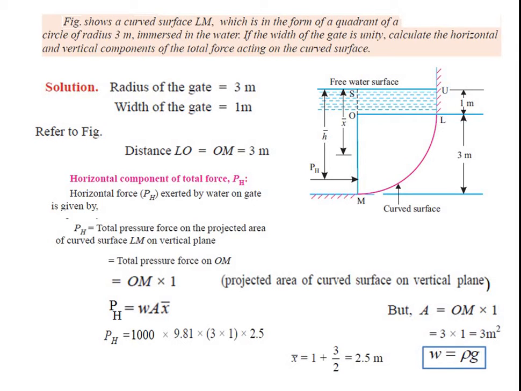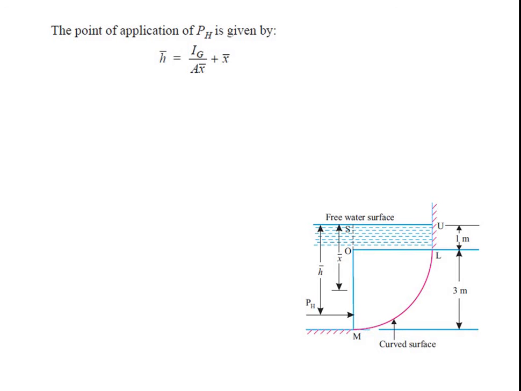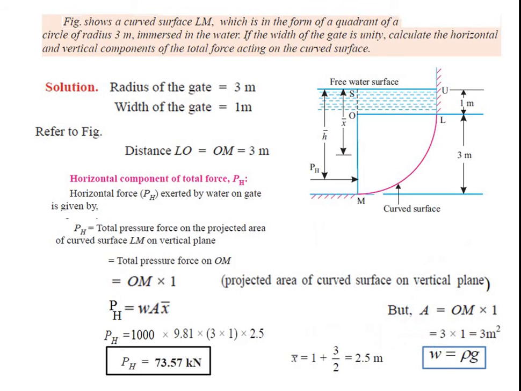And therefore PH, the horizontal force, can be calculated as 73.57 kilonewton. So the first half of this problem is over, that is, we calculated the horizontal force with respect to the plane OM. Similarly, the vertical force is also asked.